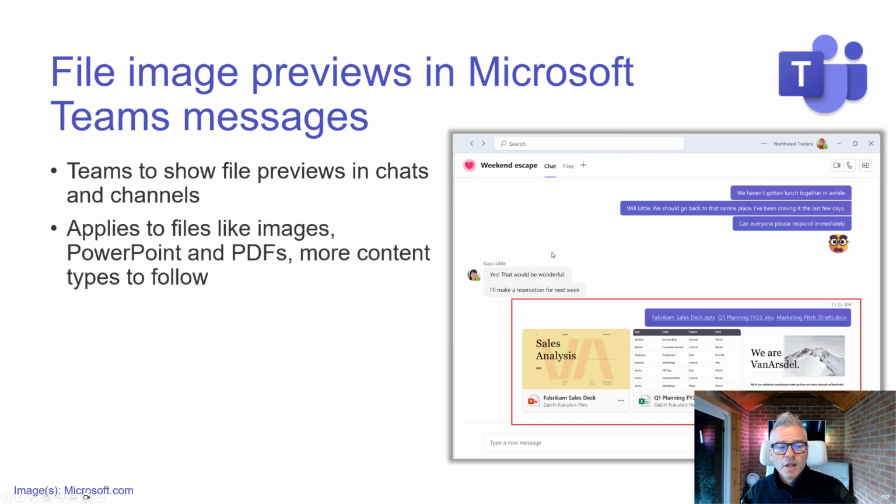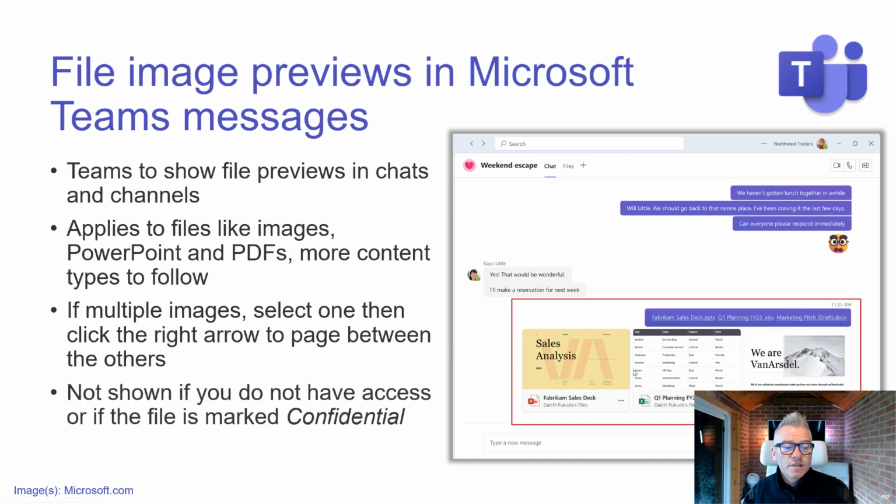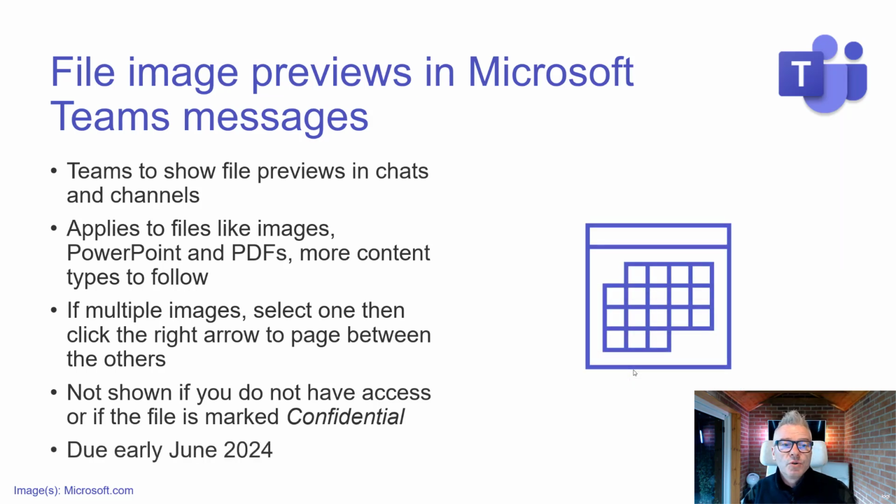It's for the typical Office documents that you see on the screen there and PDFs, but more content is coming soon. If you've got multiple images, you have the view you see now, and you can scroll through them. It won't be shown if they're confidential, and that's quite right, isn't it? So people can't look over your shoulder and see what they are. Folks, due early June this year.